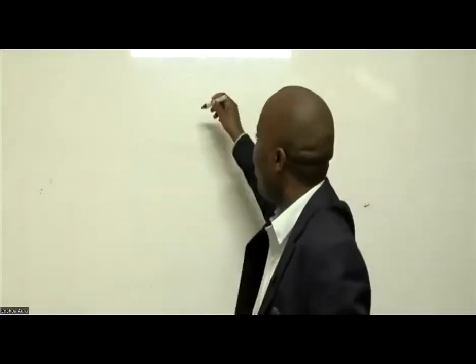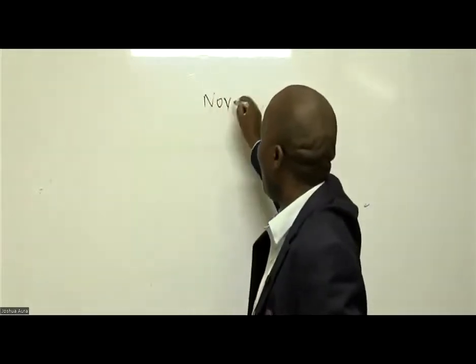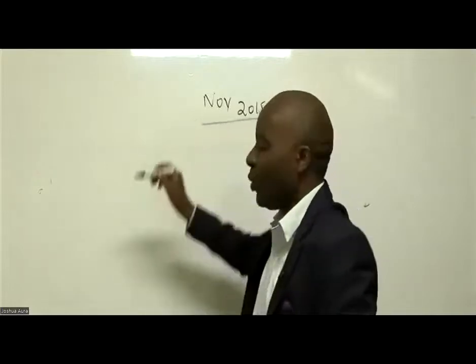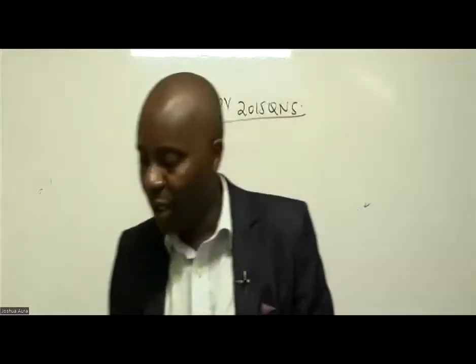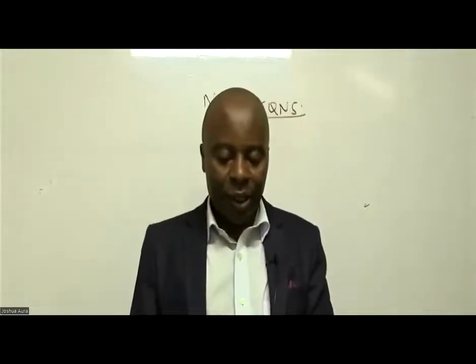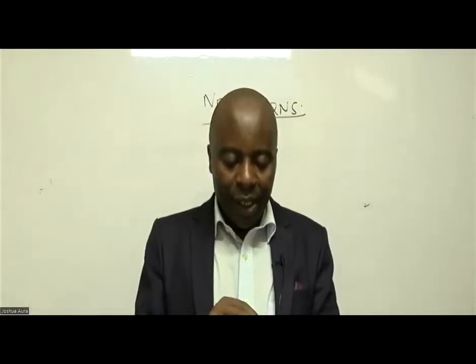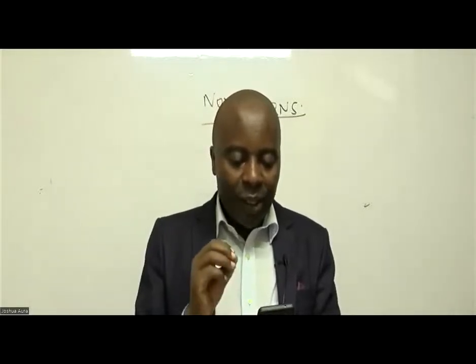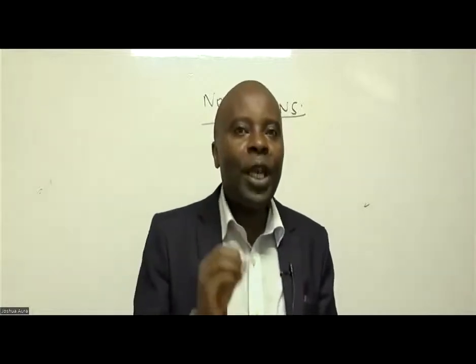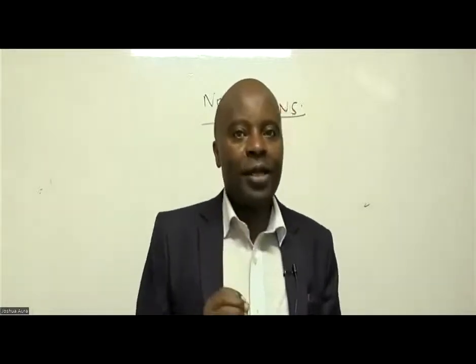Great. So in this case, we have here November 2015. Question number 5 was quite an interesting question. I'll only read the requirement side. Part A, they wanted us to describe 3 objectives of a forensic investigation.